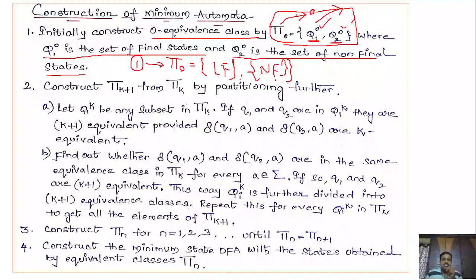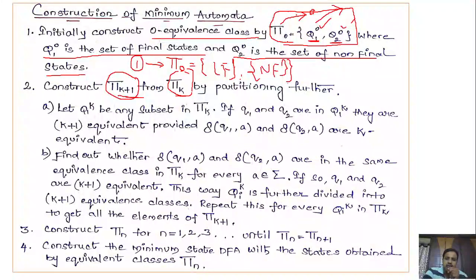Next, we will construct pi k plus 1 from pi k. Whatever the current partition set that we are considering, we call it pi k, and whatever newer partition set that we are generating is called pi k plus 1.